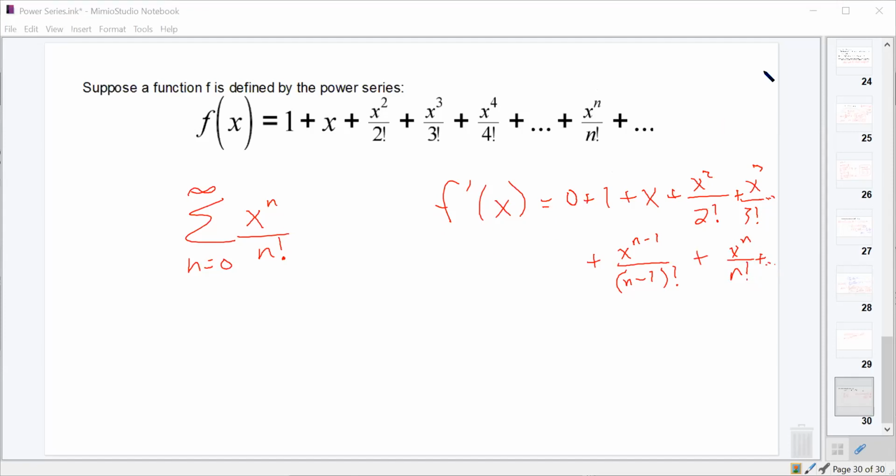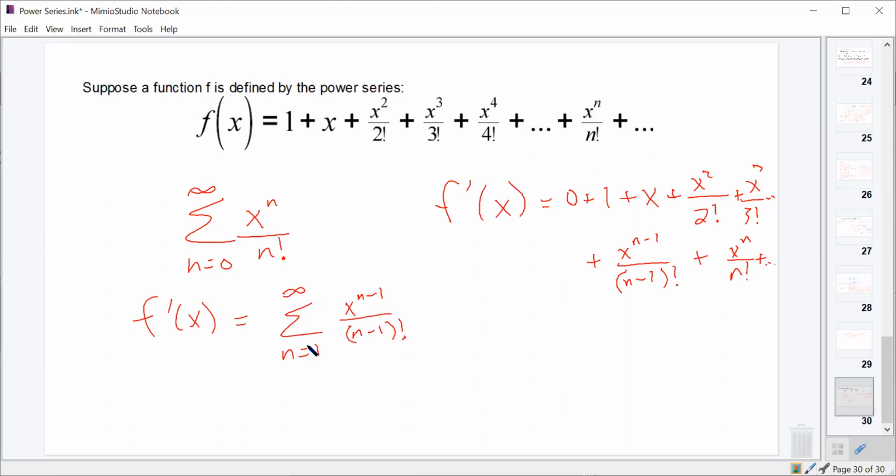We've got a 0, and then a 1, and then an x, and x squared. So we have an extra term in here, 0. So I could then say that f prime of x, because when we do these, it always shifts down, is the sum from n equals 1 to infinity of x to the n minus 1 over n minus 1 factorial, right?